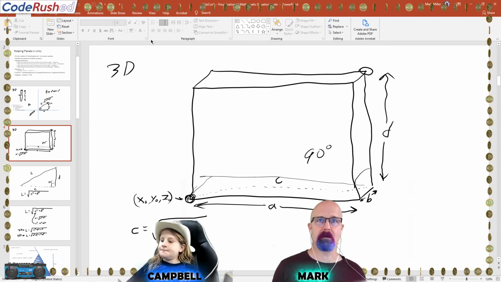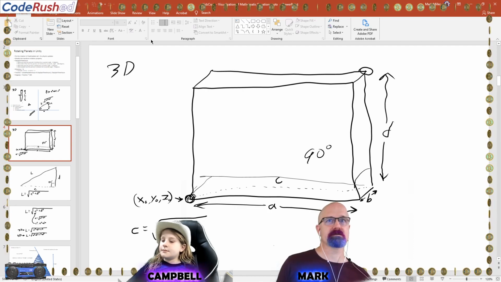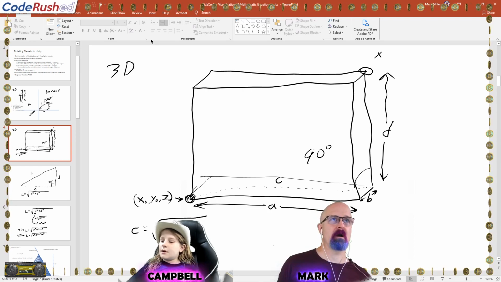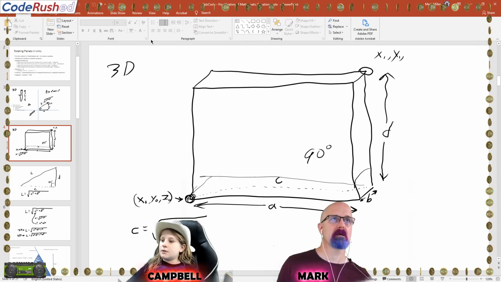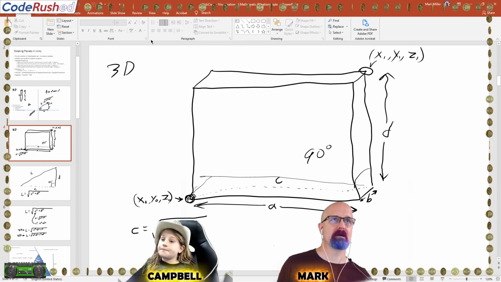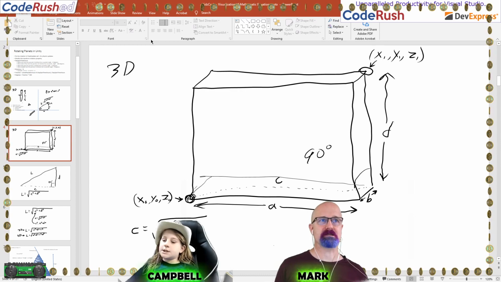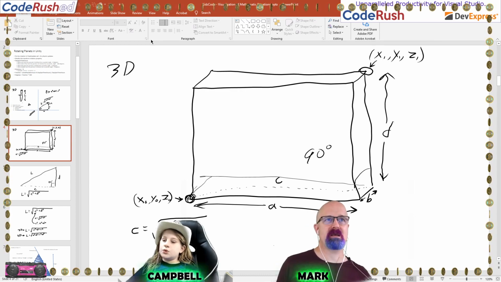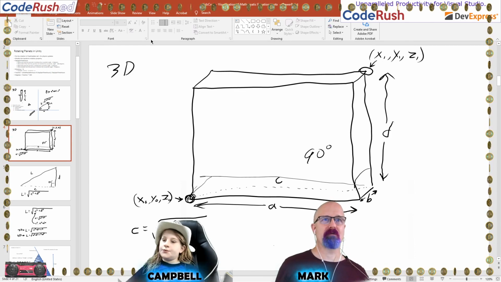That's this point. The other point is x1, y1, z1. There's no cube or rectangular prism, just those two points. So how do we figure out A, B, and C in this case?